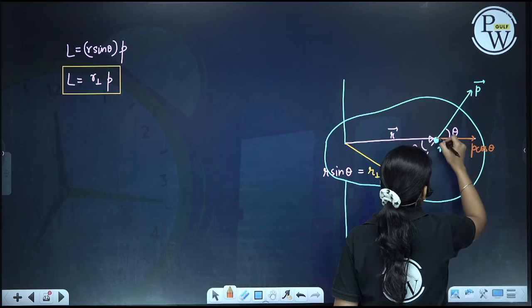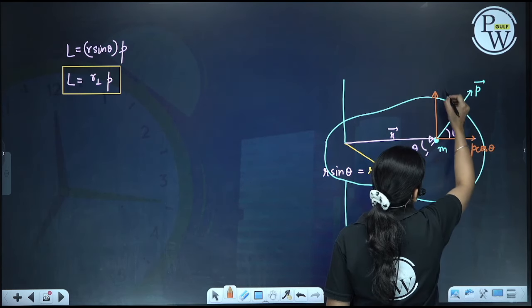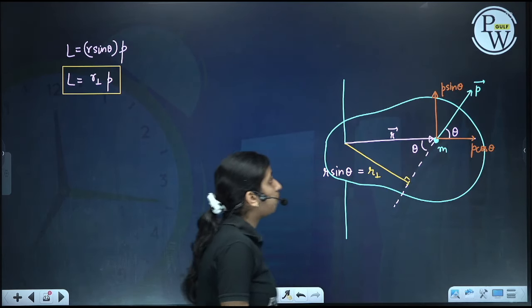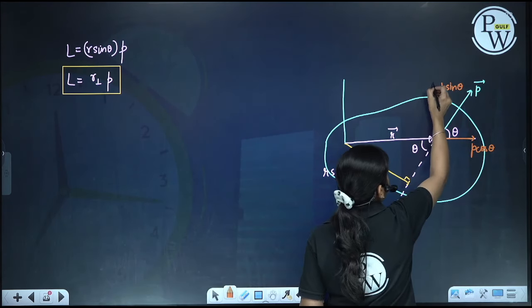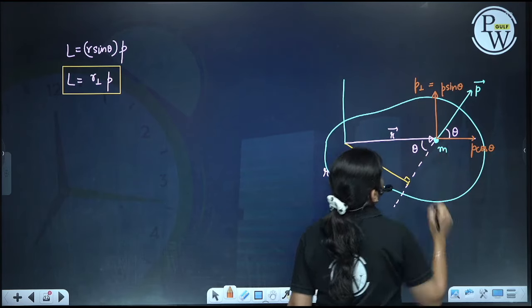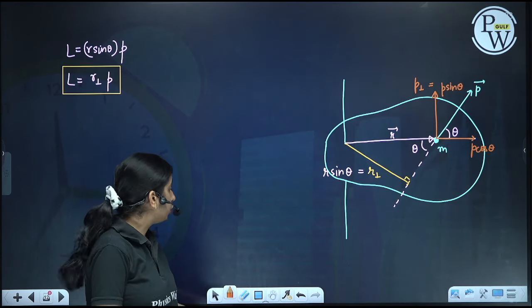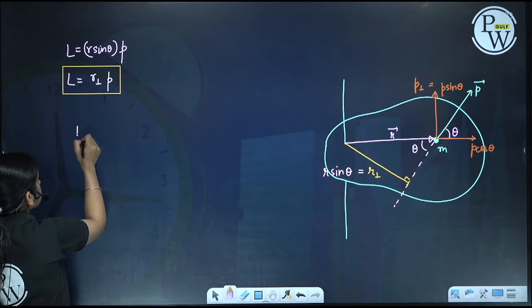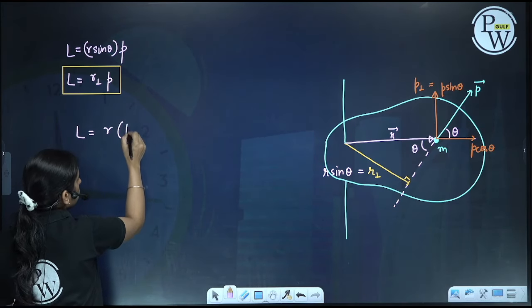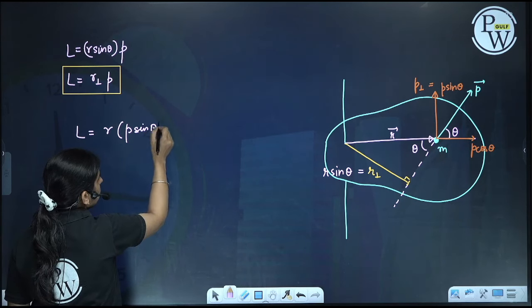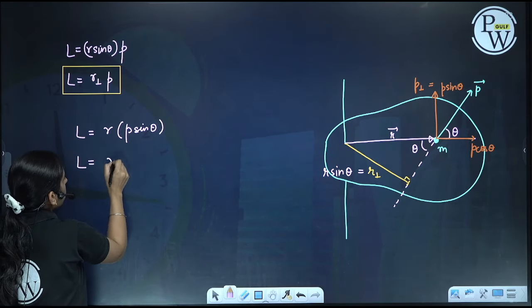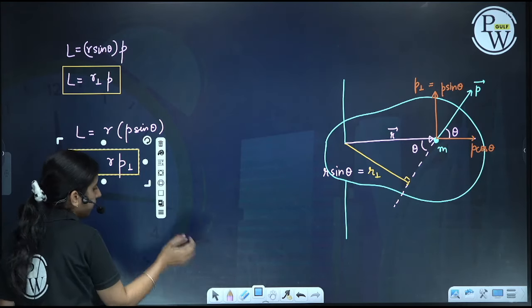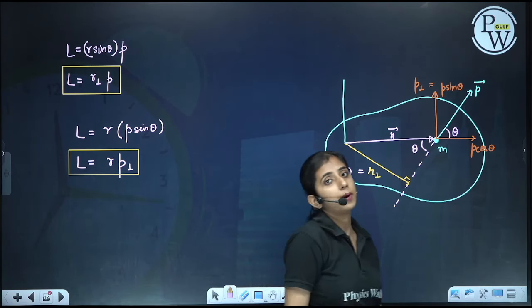This will be P cos theta and this will be P sin theta. So P sin theta is called P perpendicular. Now P cos theta will yield no angular momentum. So when we solve it, we can write angular momentum as R into P sin theta. P sin theta is P perpendicular. So we can write it as R into P perpendicular. Okay. Both ways for determining the angular momentum are correct.